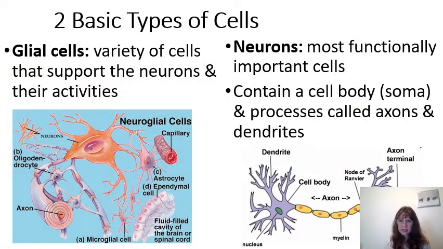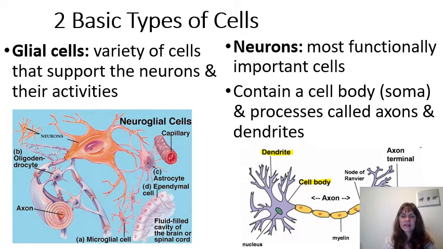The nervous system includes two basic types of cells. Neurons are the most functionally important type of cell. Each neuron contains a cell body, or soma, and dendrites, which are extensions of the cell body.